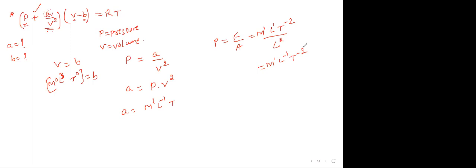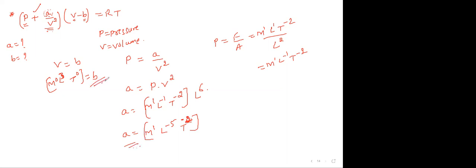So pressure is M1 L minus 1 T minus 2. Volume squared is L power 6. So M power 1, L power minus 1 plus 6 is L power 5, T power minus 2. This is the dimensional formula for A.